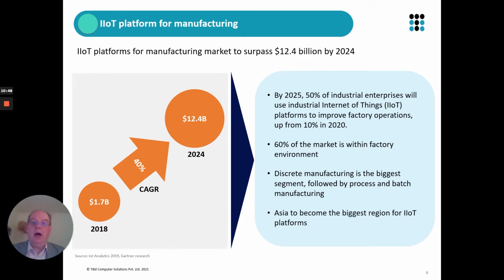So the interesting part is simply that by 2025, 50% of all industrial enterprises will use industrial Internet of Things platforms to improve their factory production, and that's up from 10% where we are right now. That's dramatic, and 60% of this market is within your factory environment.